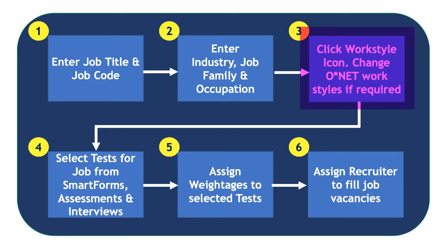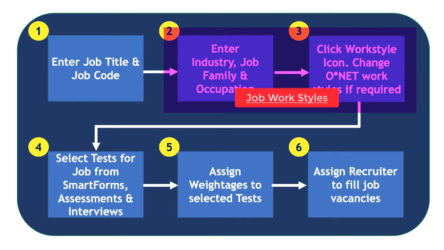Step 3 is optional and would typically be required when you wish to map the candidate's personality with work styles to predict success in the job. The tutorial Job Work Styles gives a more detailed explanation of how steps 2 and 3 are carried out.